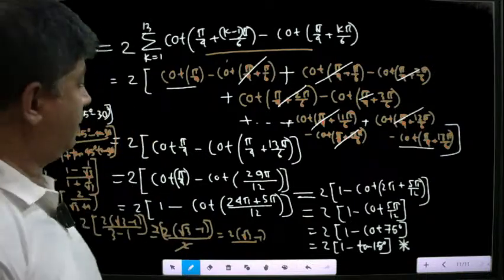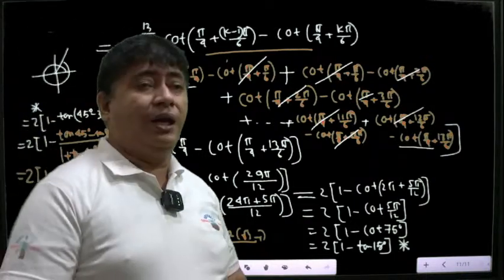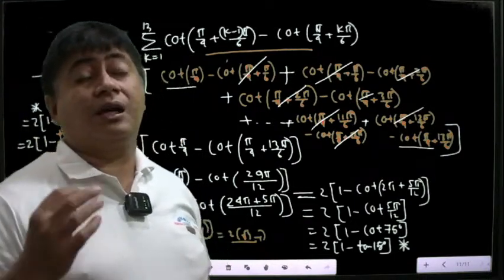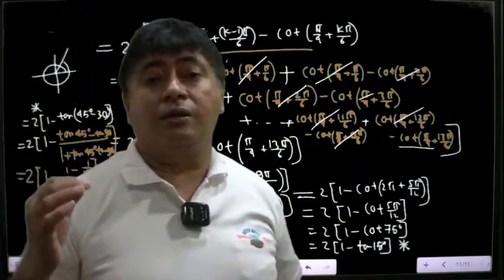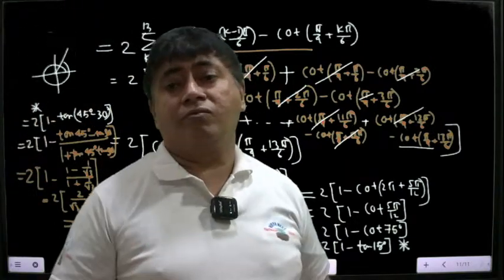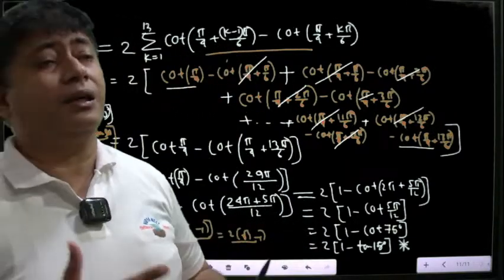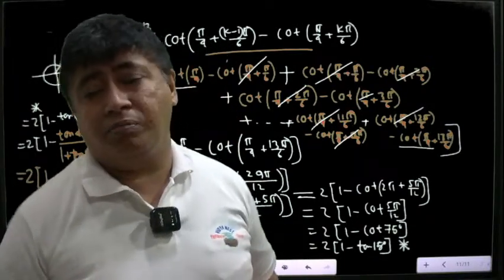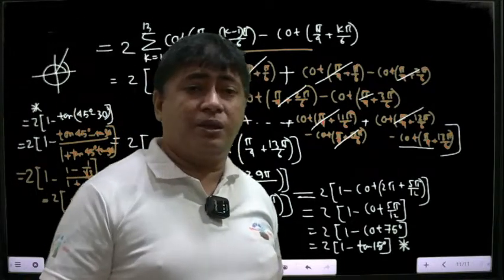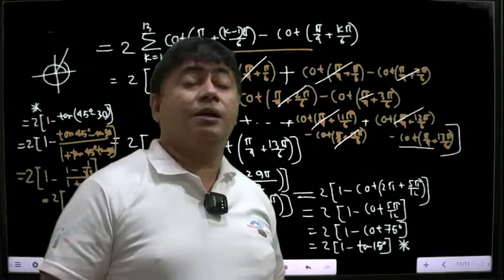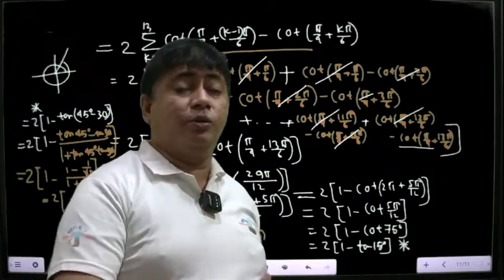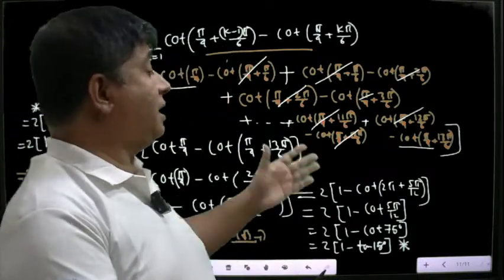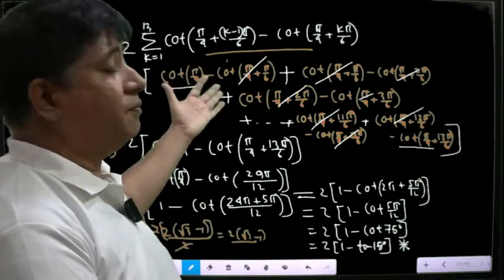Understand? So today we started with trigonometric ratios, basic level ratios, that quadrant concept, compound angle, up to few examples of trigonometric formulas.